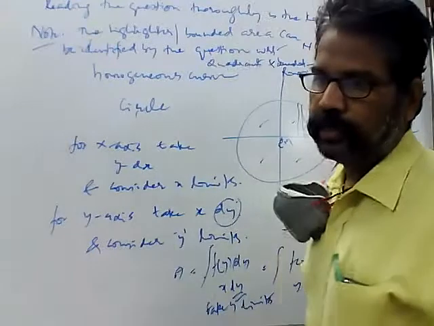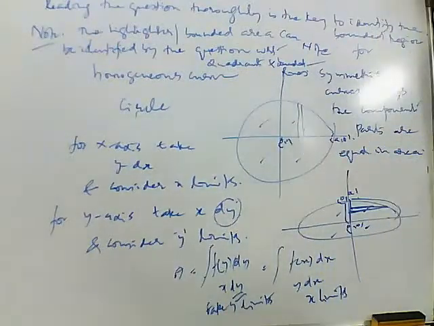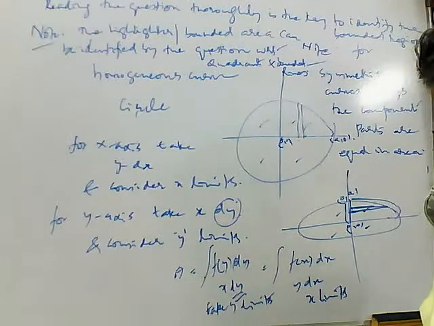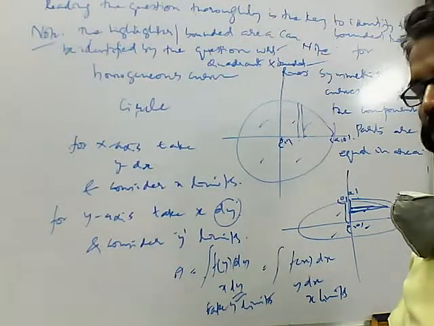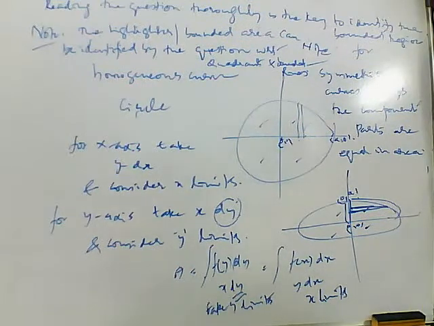You have to read the question thoroughly and carefully. That is very, very important. Otherwise, you will not be able to know what actually the bounded region is, and then you are unable to identify the direction. Are you clear? So reading the question thoroughly is the key to identify the bounded region.